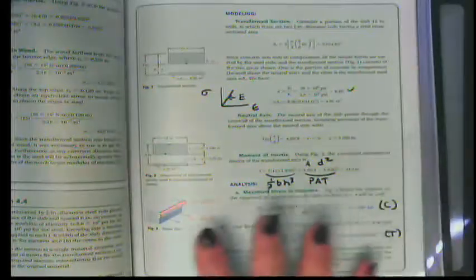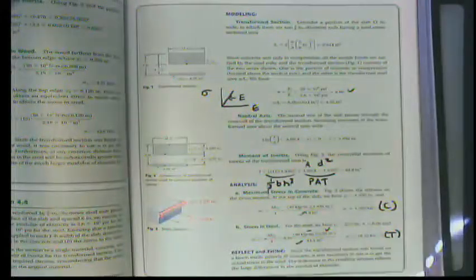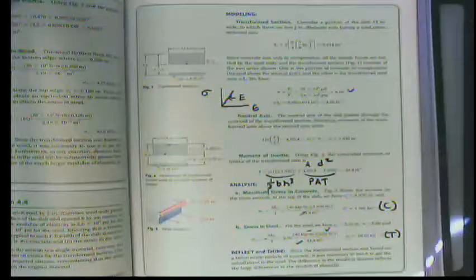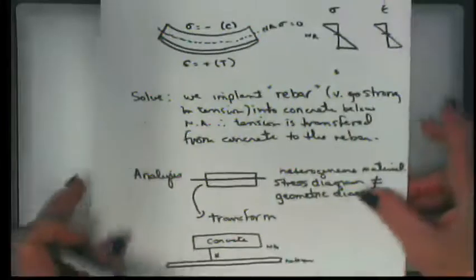And this is what I'm calling on you to do in your homework and on the exam. So this example is almost a cookbook for what you need to follow. But before I worked a problem, I wanted to give you a model to follow, and also introduce the reason we're doing this. Because if we did not reinforce the concrete, this is a really great engineering problem.